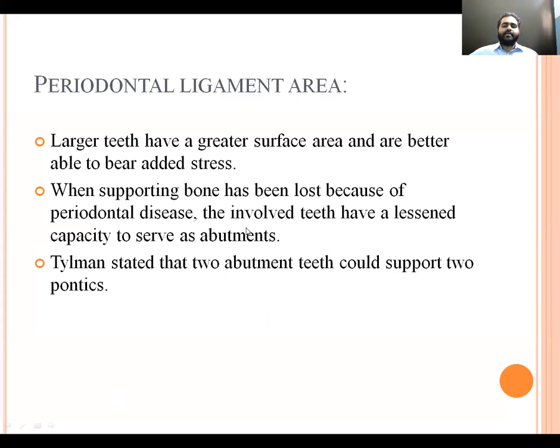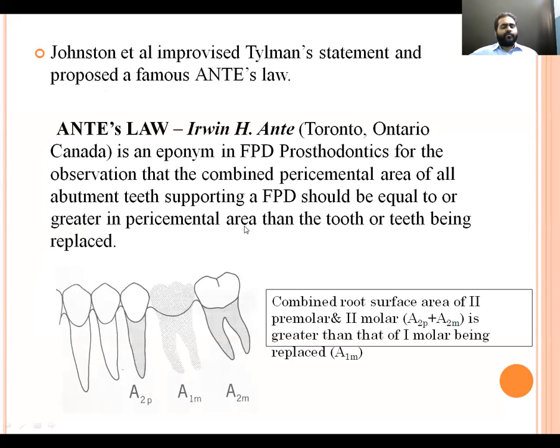So basically, we can increase the number of abutments to replace pontics, as we know from Ante's law. Ante's law dictates that, similar to your removable partial denture, in fixed prosthodontics the combined pericemental area of all the abutment teeth supporting a fixed partial denture should be equal to or greater than the pericemental area of the teeth we are going to replace.